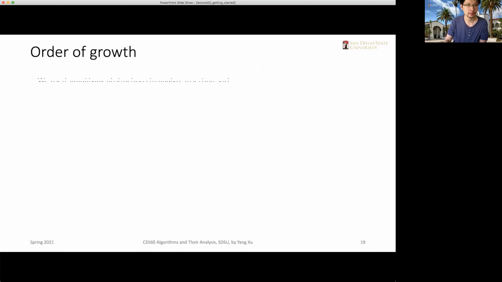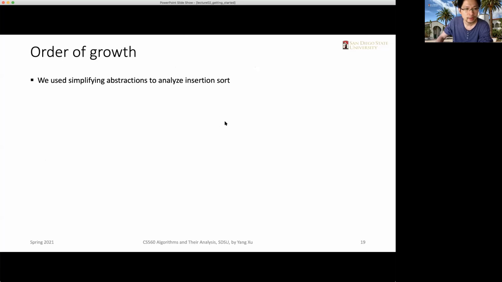Before that, let's look at the concept of the order of growth. This is something that we're going to formally introduce in next week's class. But now let's have some brief idea of what it is about.